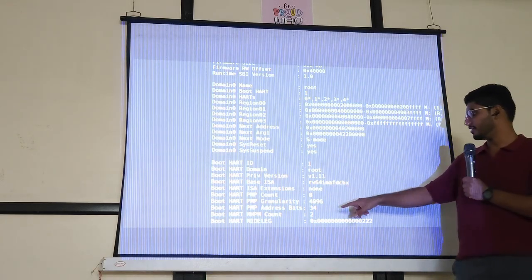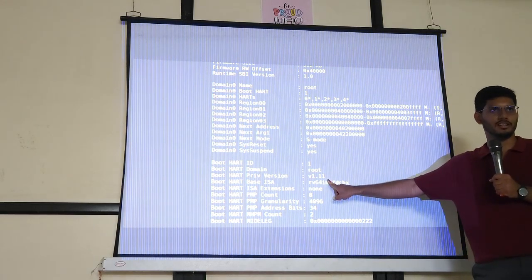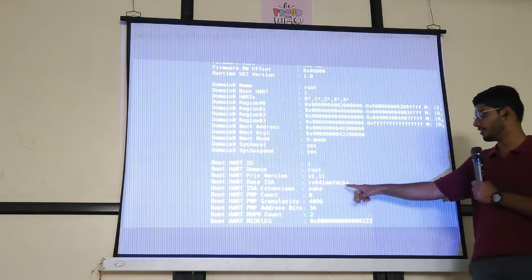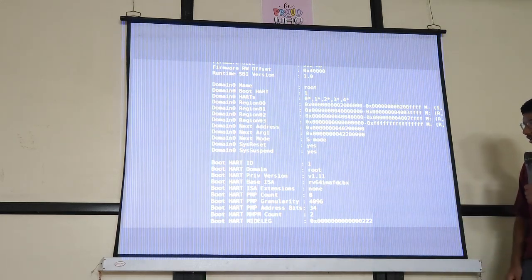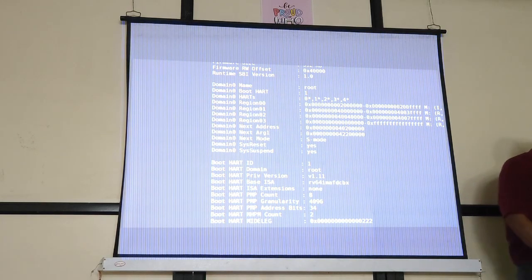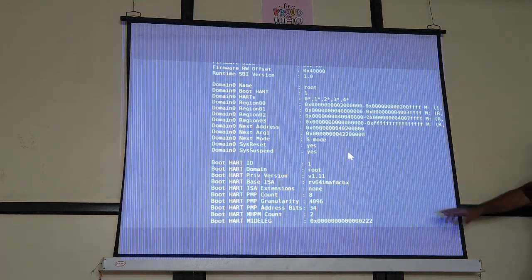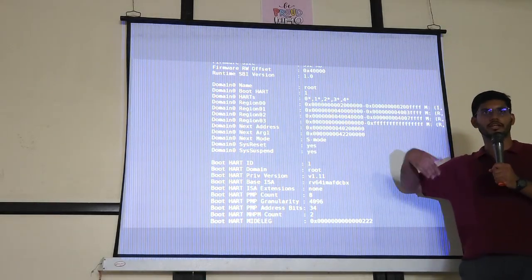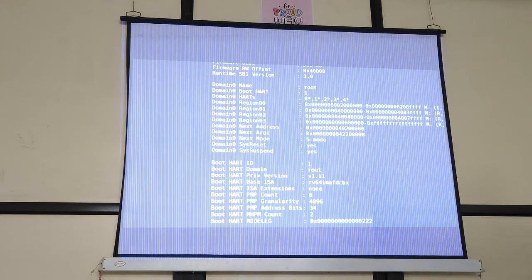Then the base ISA, rv64imafdc. This is a longhand for the G extension, and RV64 means it is a 64-bit SoC. Here you can also see the domain next mode is S mode, so the next mode will be supervisor mode. After that, the Linux kernel will boot.